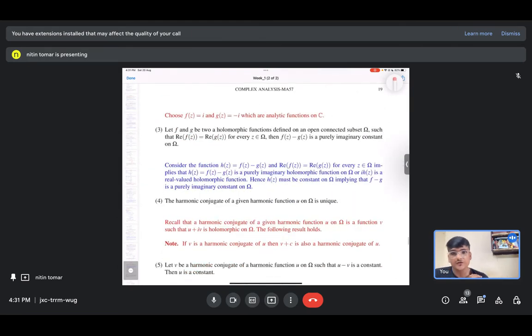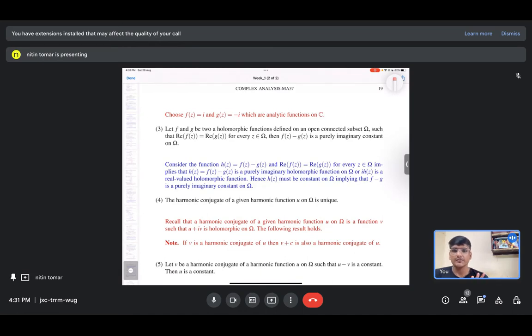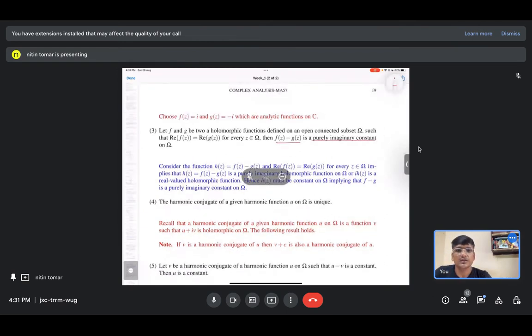Now the next question is the same, except the conclusion is that f(z) minus g(z) is a purely imaginary constant. So again, use that trick. You define h(z) to be f(z) minus g(z), and this is holomorphic, right? Because f is holomorphic, g is holomorphic. And what will be its real part?